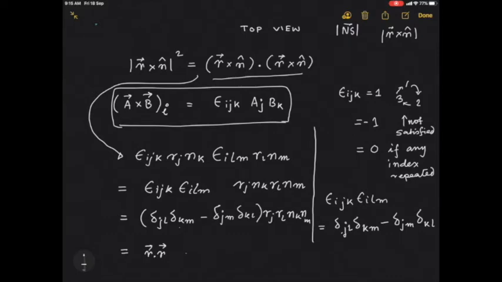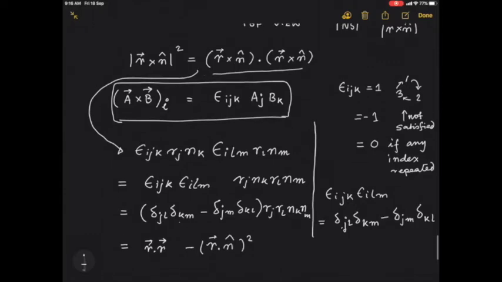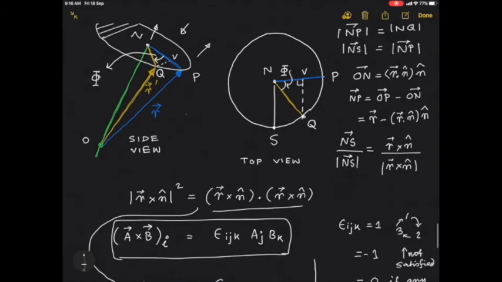And then k equals m means n dot n. n is a unit vector, n dot n is 1, so I don't need to write that down. Minus, now delta jm. So rj and then nm, so j has to be equal to m, which means rm nm. So this is just r dot n cap. And if you look at the other term, again that is r dot n cap. So this is the square of this. So this is what I have as r cross n cap squared.